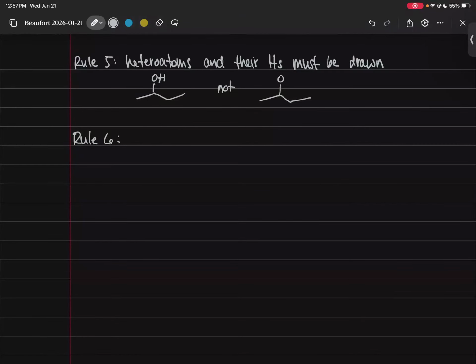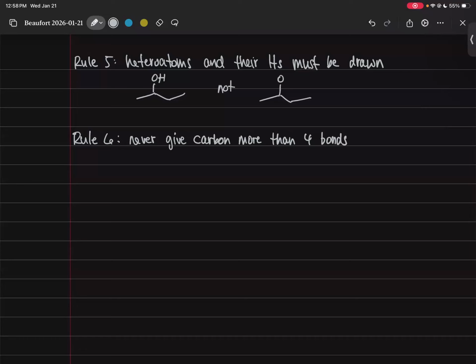Okay, rule 6. This might be the most commonly broken one, or the most egregious one to break. And that is: never give carbon more than 4 bonds.